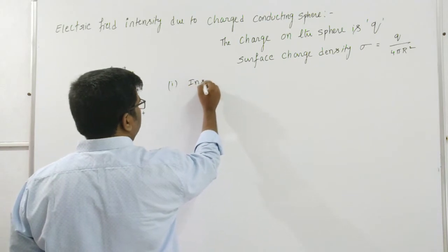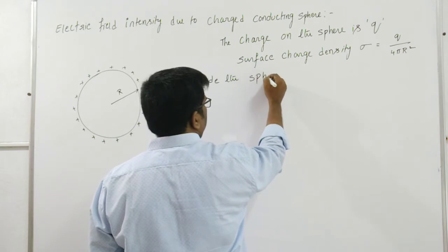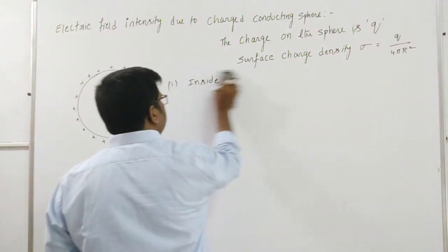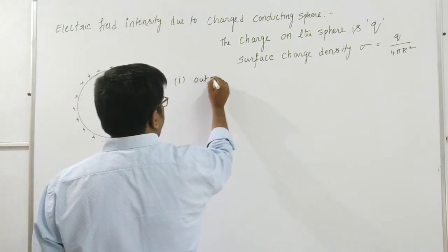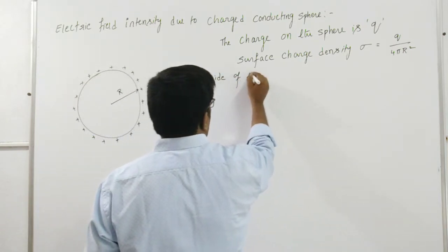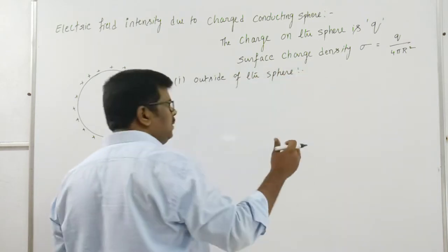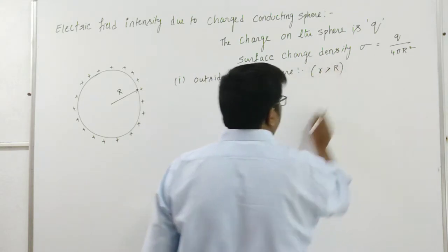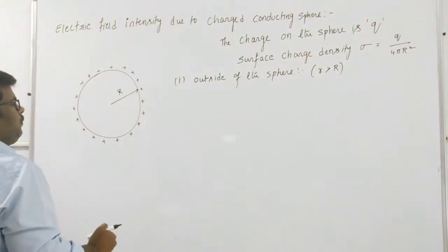So first we will go for the outside of the sphere. Outside of the sphere means the distance whatever we are taking is greater than the radius of the sphere. So that case we will be discussing first.